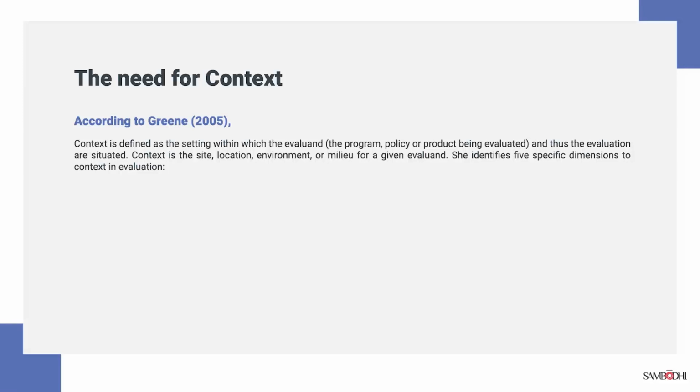But what is the need for context in evaluation? Before we do that, we shall define what context even means in the first place. It is defined as the setting within which the evaluand and thus the evaluation are situated. Context is the site, location, environment, or milieu for a given evaluand.